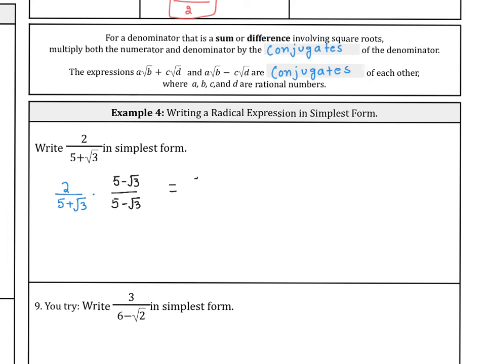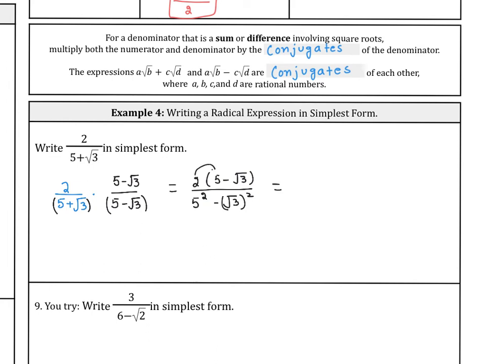On the top you get 2 times 5 minus square root 3. And on the bottom you can apply the method here. You can think like a plus b times a minus b, and that's going to be a square minus b square.